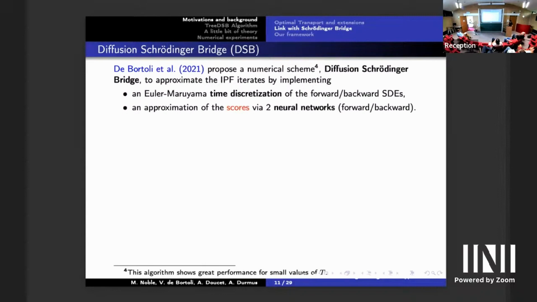And so the idea is simply you replace your continuous time setting by some discretization. So for example, the Euler-Maruyama discretization, and you compute this discretization for the forward and the backward SDEs. And then you just have to approximate your scores.